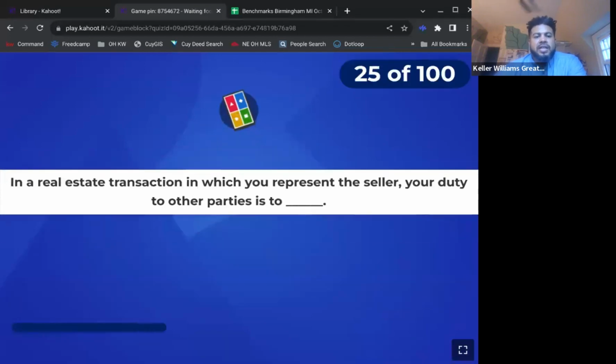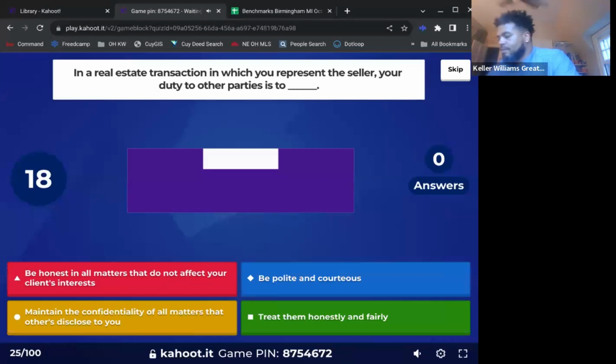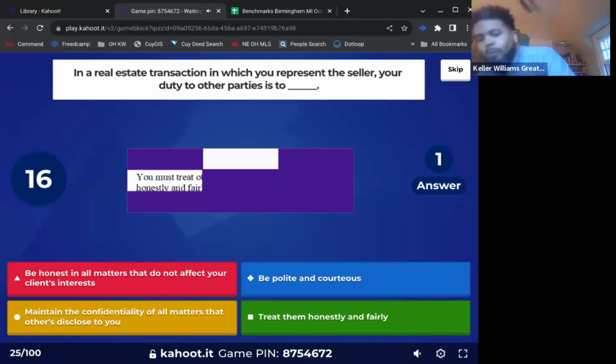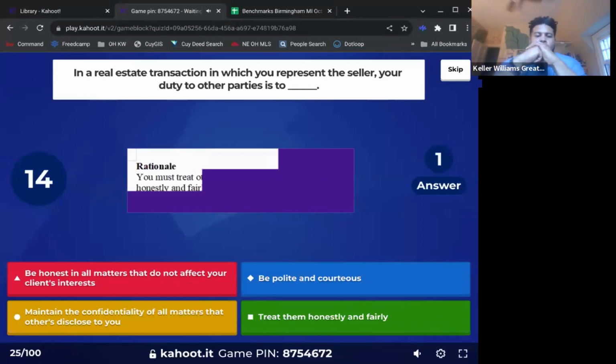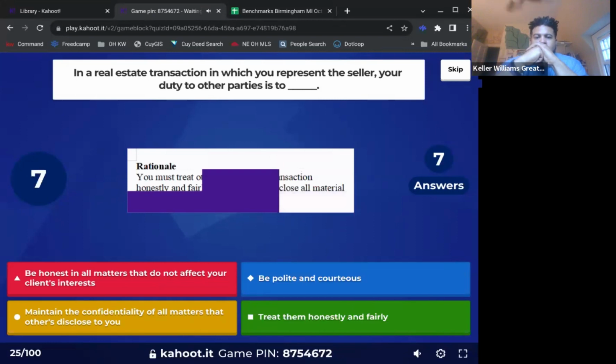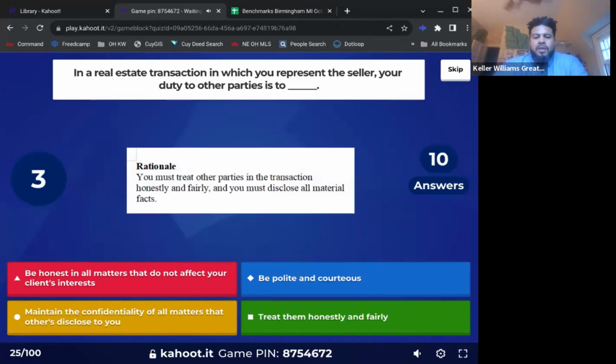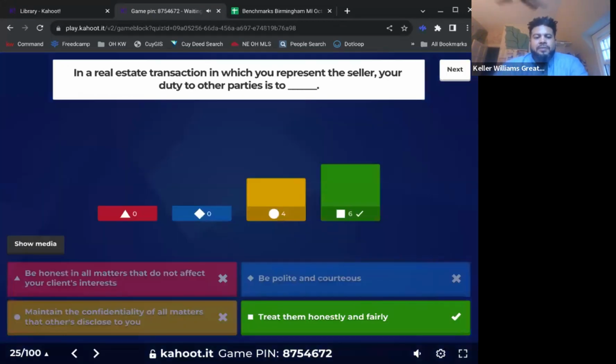In a real estate transaction in which you represent the seller, your duty to other parties is to... That's right. Honesty and fairness. So maintain the confidentiality.